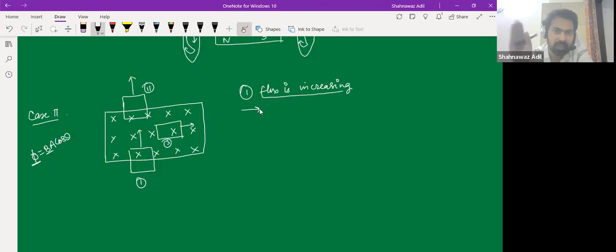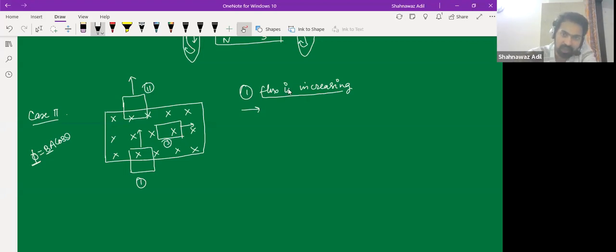Yeah. So if induced current is trying to decrease the flux, it will try to decrease the magnetic field, right? So if I have the magnetic field in the inside direction, then to decrease it, I'll have to create another magnetic field which is opposite, right?